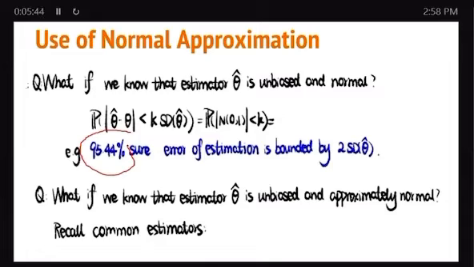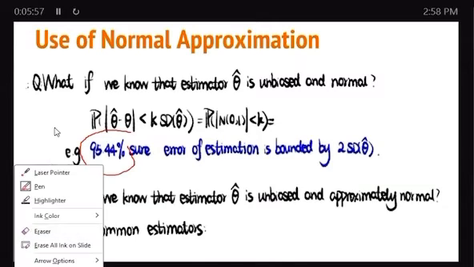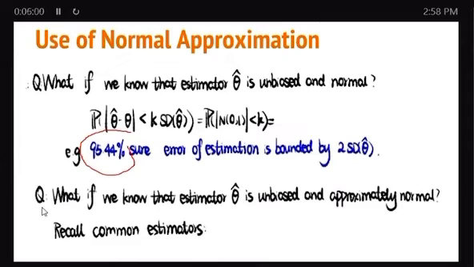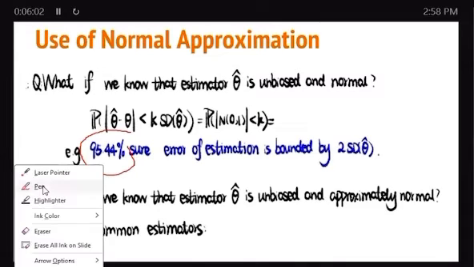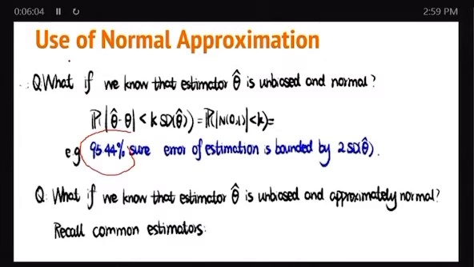Now, what if we know that theta hat is unbiased and approximately normal? There's a difference between these two statements. Please take notes. There's a difference between this one and this one.